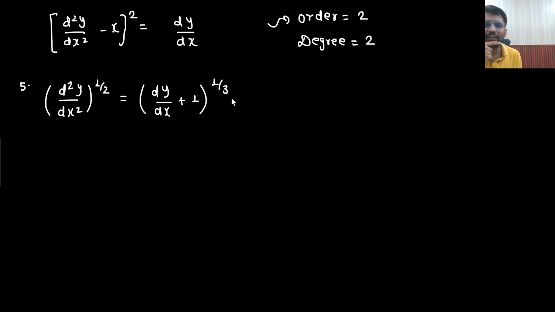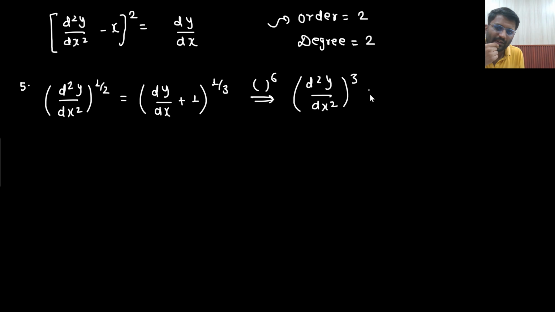If I take power 4, this will be 4 by 3, 4 by 2. So this is a problem. If I take power 5, 5 by 3, 5 by 2, again a problem. If I take power 6 on both of the side, what will happen? d2y by dx2 power 6, this will become power 3, and dy by dx plus 1, this will become power 2.